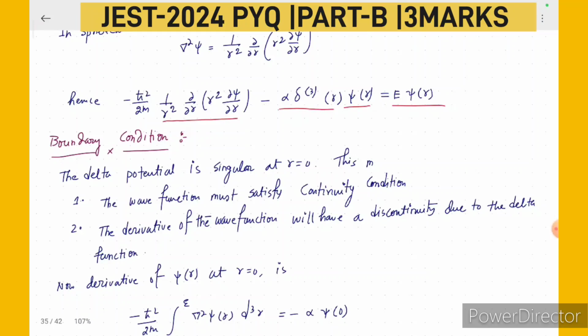For the boundary conditions, the delta potential is singular at r equals 0. What is the meaning of that?